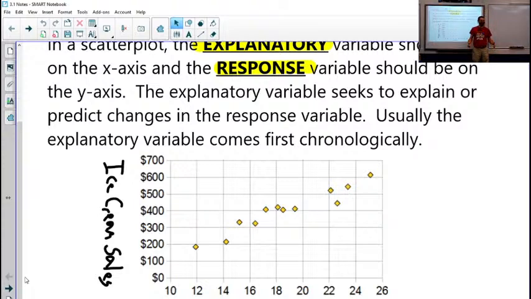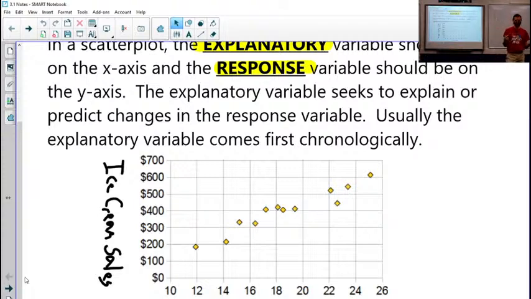We want to establish which variable we think is causing what. Because if we put the wrong thing on the x-axis, then we're trying to imply that as more people buy ice cream, somehow the temperature goes up, which doesn't make any sense, that somehow ice cream magically makes it be warmer.